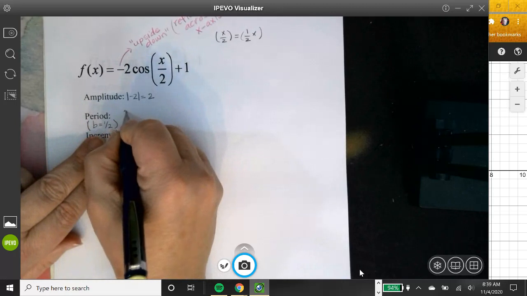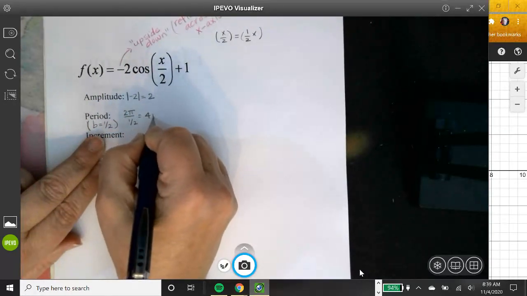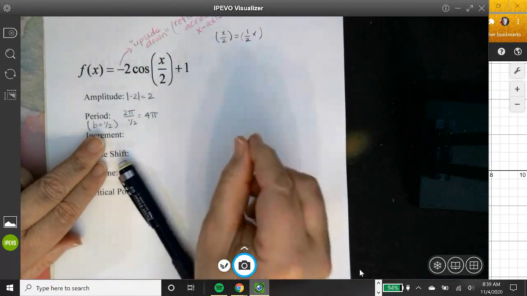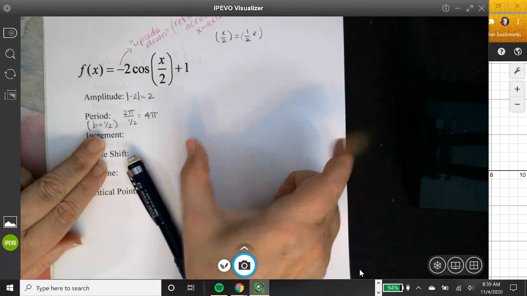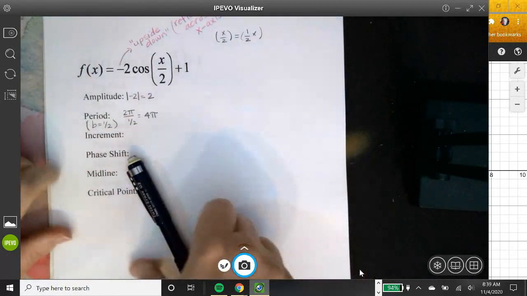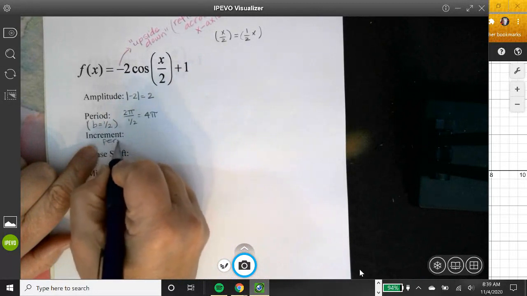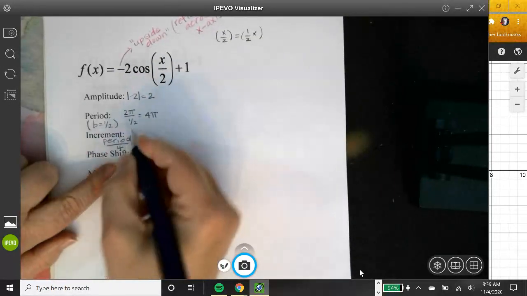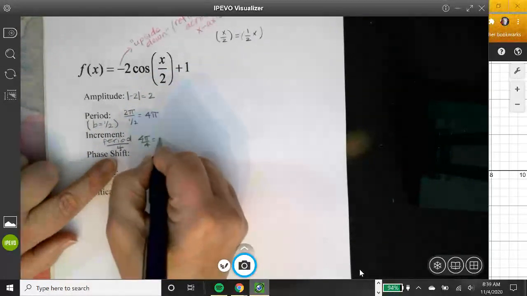And so the period is going to be 2 pi over 1/2, which means the period is now 4 pi, which has done what to the 2 pi? It has doubled it. So this accordion effect has stretched it out horizontally. But the increment is still the period over 4. So that's just going to be 4 pi over 4, or just pi.